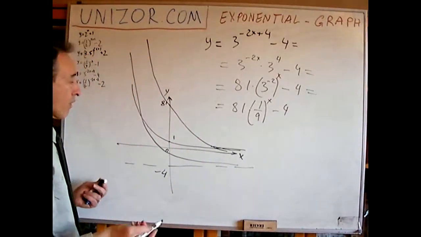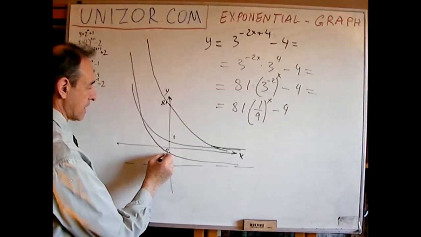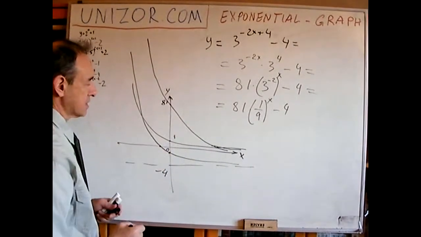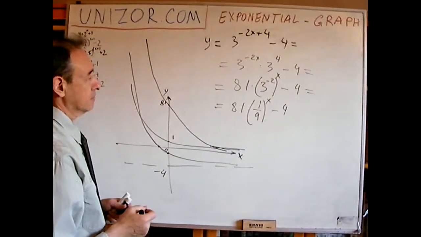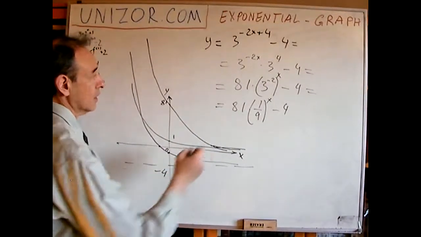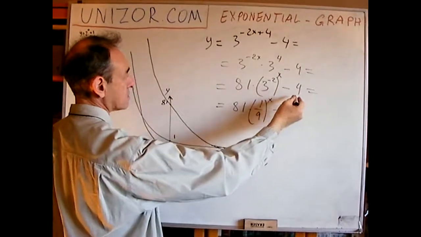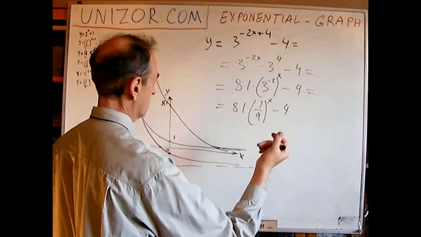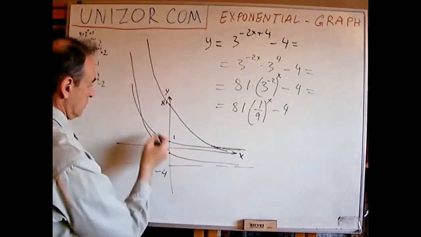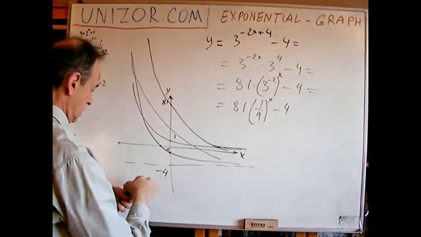Now, for some kind of an exercise, you can always find out what exactly are these points of intersection. This is when the function has an argument 0, which means this is 1, so it's 81 minus 4, so it's 77, which means it goes this way, higher than that. It's positive.